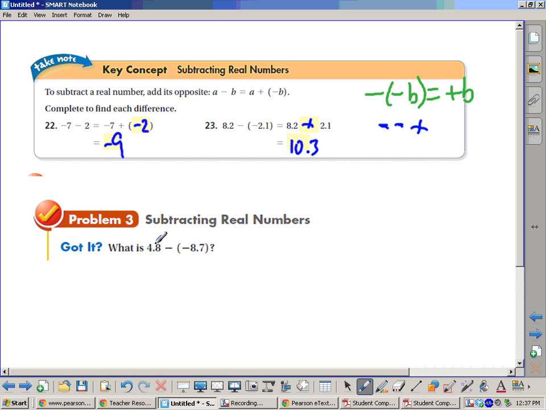So if we're taking 4.8 minus a negative 8.7, we would rewrite that as 4.8 plus 8.7 to get 13.5. And it'd be positive because we ended up with adding two positive numbers. So we're going to be dealing with those for most of our problems. We're also going to be dealing with fractions, and we'll do some examples of those in class.